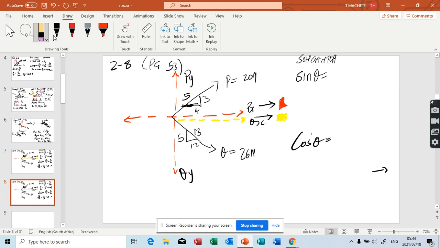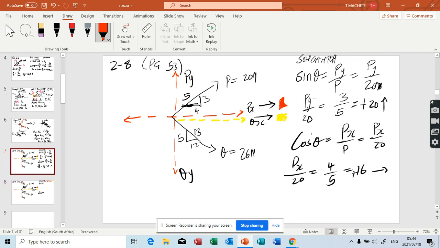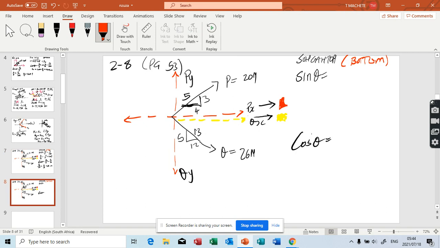This is for the second part. I'll just write on top. We still have the first slide. I'll just say bottom, and then to this one, I'll say the top. Okay, so let's go to the bottom one.